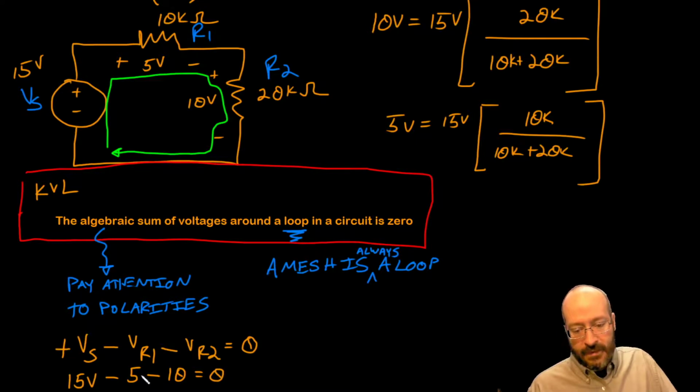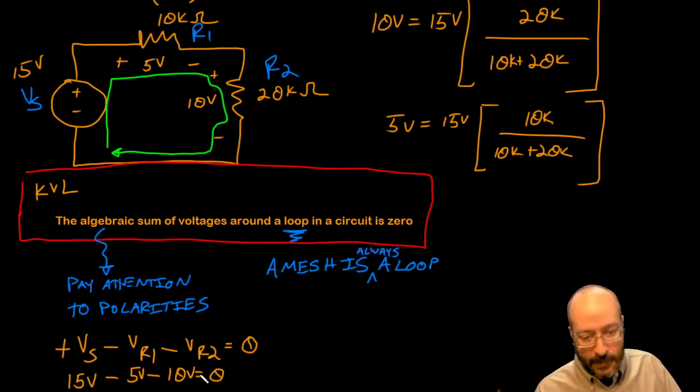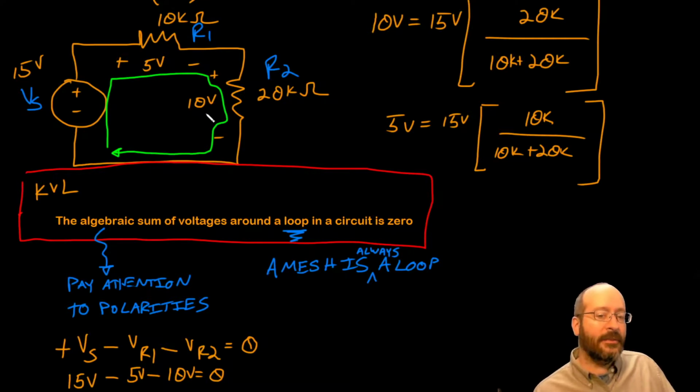I didn't write my units. 15 volts minus 5 volts minus 10 volts equals 0. So KVL holds. Even though we found these voltages with the voltage dividers, KVL holds nicely: the sum of the energies needs to be 0 as I move around.